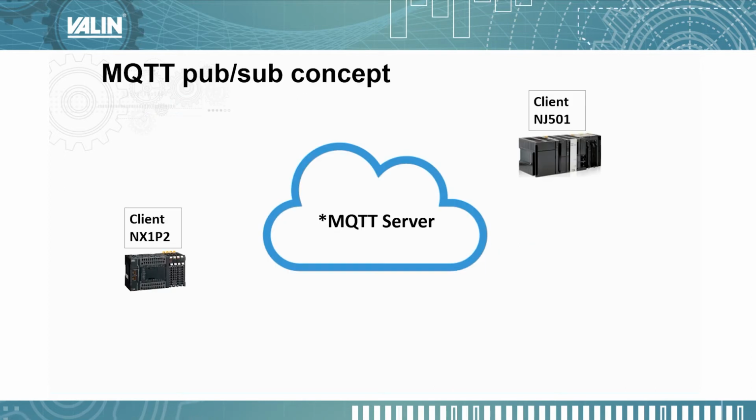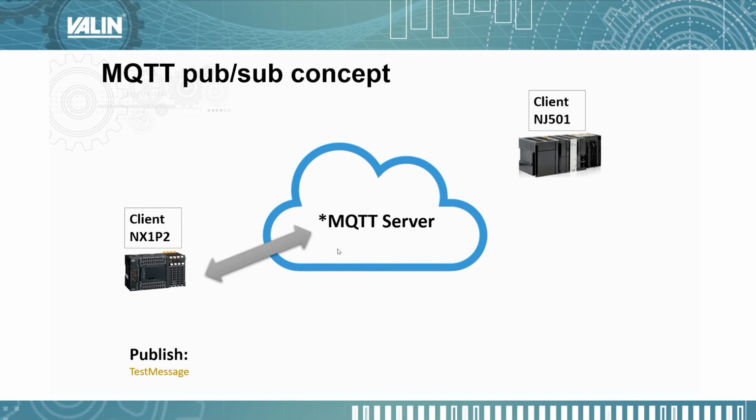What I will illustrate today is basically an MQTT server running on my laptop using Mosquitto, and then I have two clients. One of them is the NX1P2 PLC, and the other client is the NJ501. In my demo, client NX1P2 will publish a topic called test message. Once I publish that, it will be in the MQTT server.